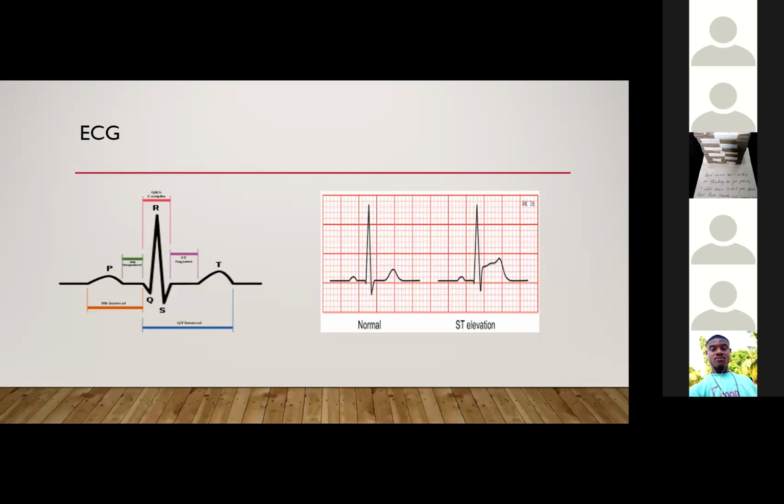There's a contraction, and then there's a period where the heart relaxes. If you remember your action potential, there's a certain period where there's depolarization, and a certain period where there's repolarization. You remember? Yes, sir. Good.